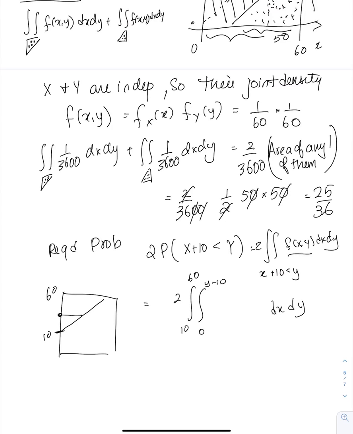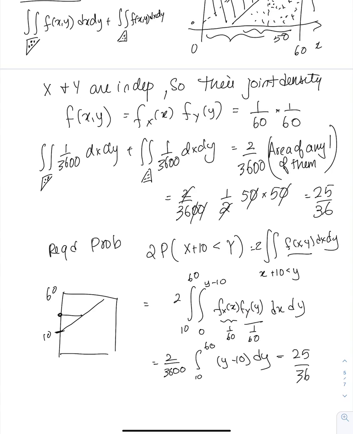And f of x comma y is f sub x of x times f sub y of y, which you know is 1 over 60 times 1 over 60. And then doing this integral, you take that out, and what you'll have left is y minus 10 over here. And then you do that integral, and it turns out to be 25 over 36.